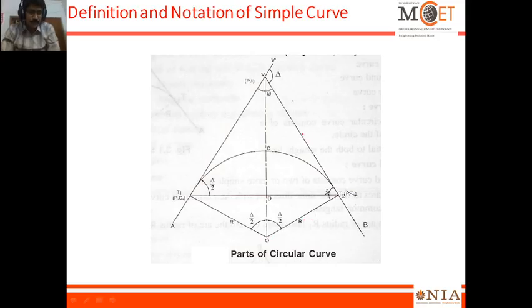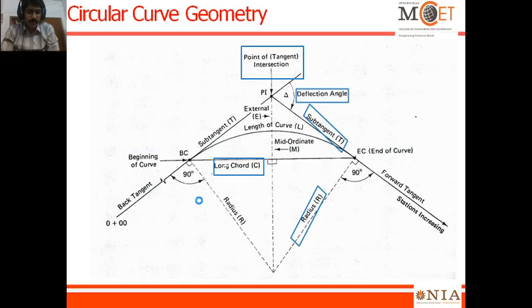Since it is a tangent to the curve, this angle will obviously be 90 degrees. Any point tangential to the curve and the line dropped to the origin of the circle forms 90 degrees. Here also this is 90 degrees. You can see it here in detail.